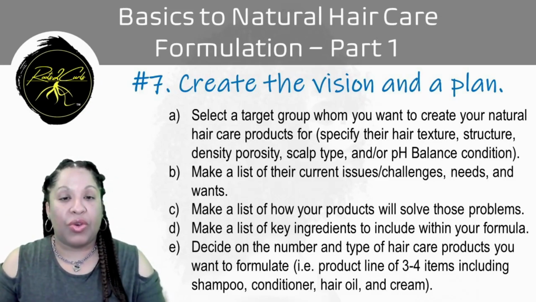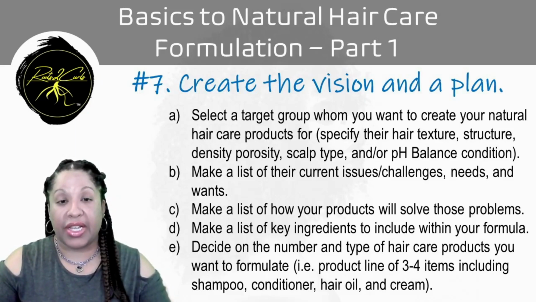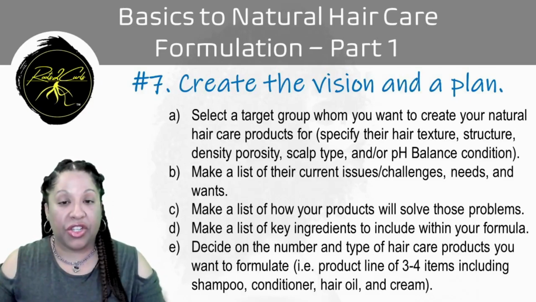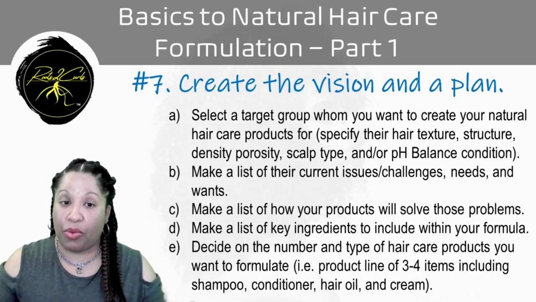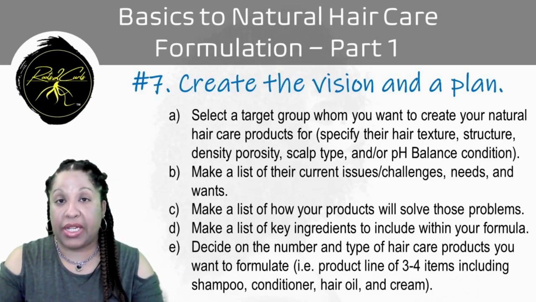So A, you want to select a target group whom you want to create your natural products for, specifically their texture, their structure, density, porosity, scalp type, and or pH balance conditions.